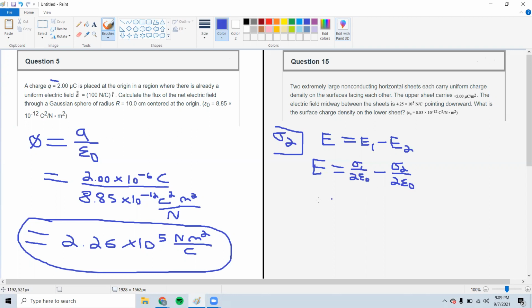If we keep rewriting this, we can put these together. So it's sigma sub 1 minus sigma sub 2, all over 2 times the electric constant. Then we can multiply over the 2 times the electric constant, so we get E times 2 times the electric constant equal to sigma sub 1 minus sigma sub 2.